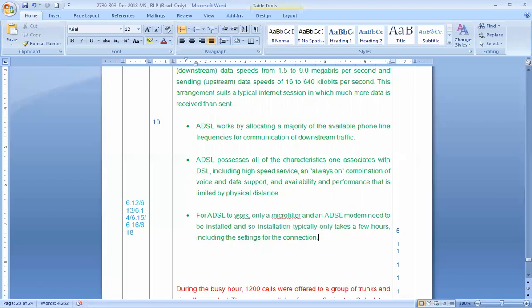It's not that it took 2-3 days, it just took a few hours, including setting up the connection. So you just need to have a modem and a filter. These days, you just need a modem, that's it, right? And you call the internet company, and they come and connect, and that's connected to your Wi-Fi modem, and that's it. All of you are hooked up on the internet.